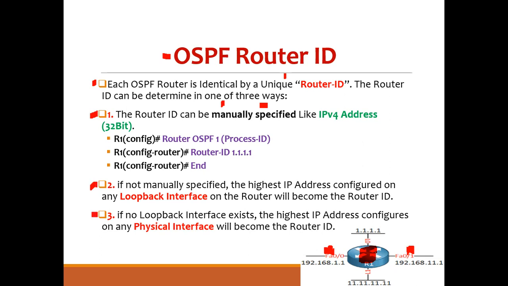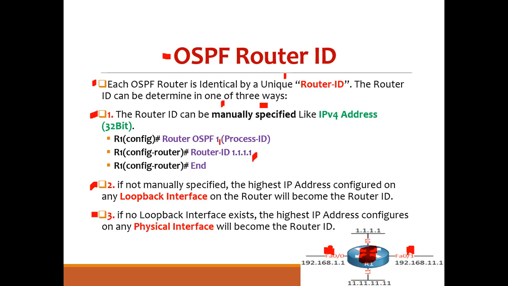The first method is to configure it manually while configuring OSPF on the router. You simply enter router ospf and the process ID, and then write router-id and the router ID. The router ID is like an IP address; it is also 32-bit.